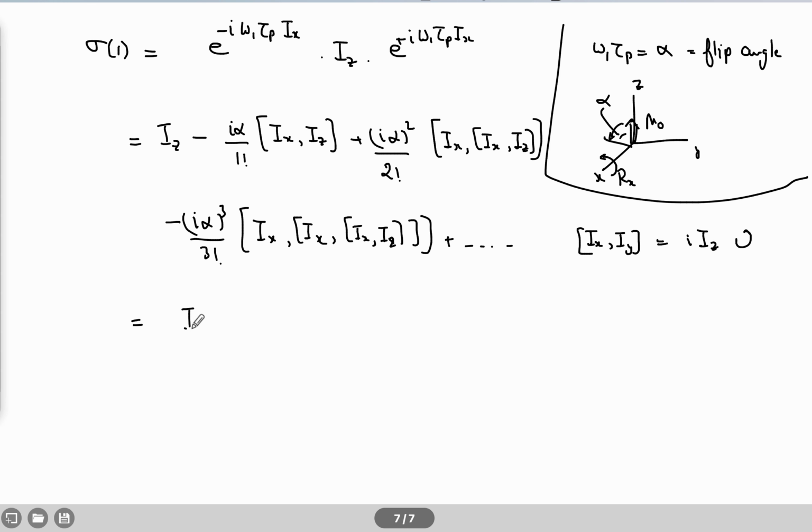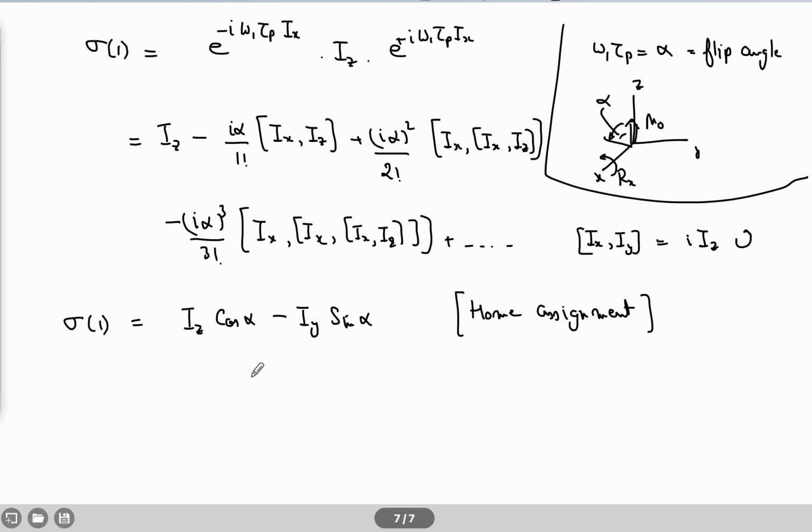I will get Iz cos alpha minus Iy sin alpha. Okay, so I will request you to do this complete calculation as home assignment and see if you are getting the same answer. Try to go from here to here and see if you're getting this answer or not.